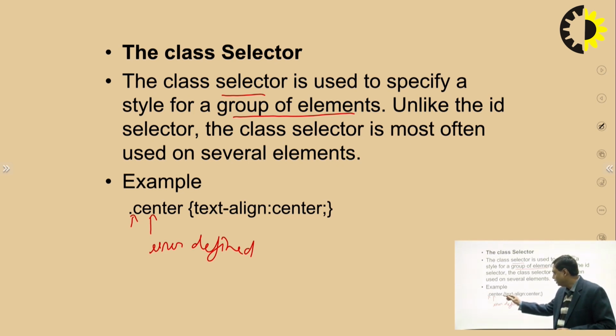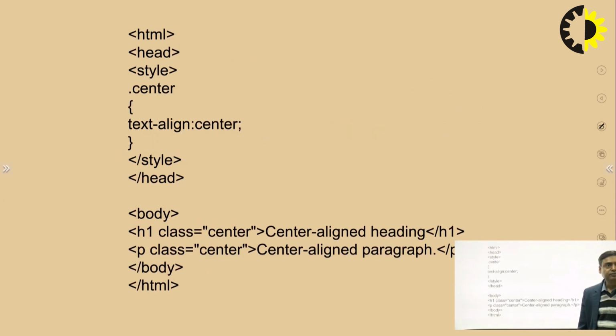I understand it is a class because we are using the dot here. Then the starting of the CSS, the ending of the CSS, and we have written only one declaration. Text-align is the property and center is the value for this property, and this colon separates property and value, and the semicolon is the end of the declaration. So we are defining a class. The name of the class is center.